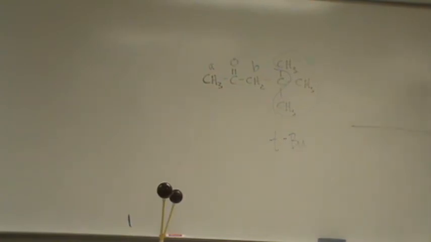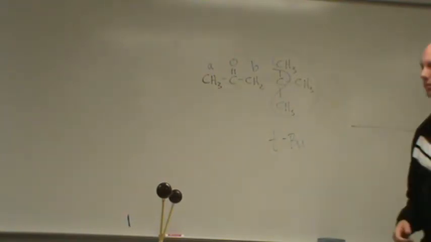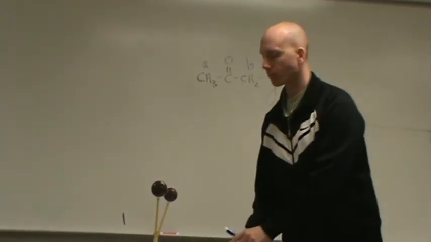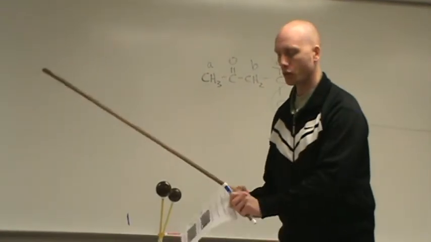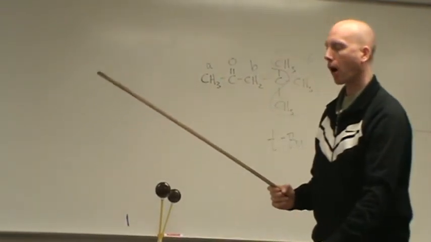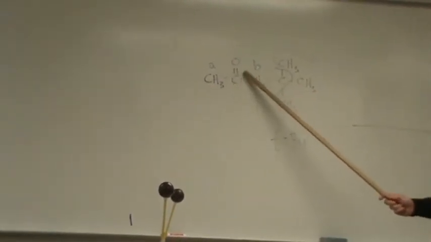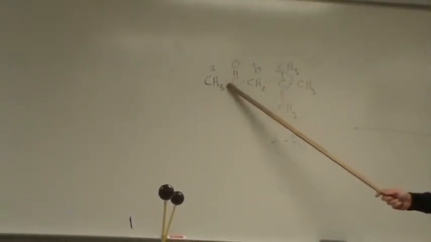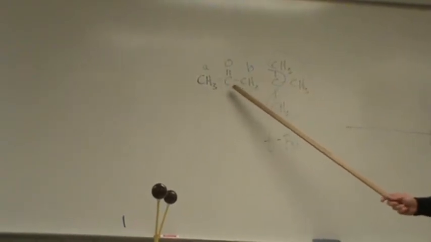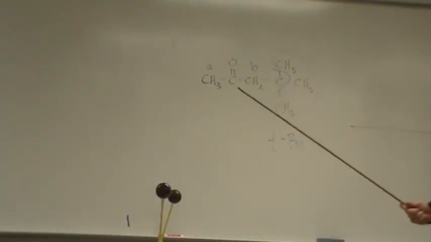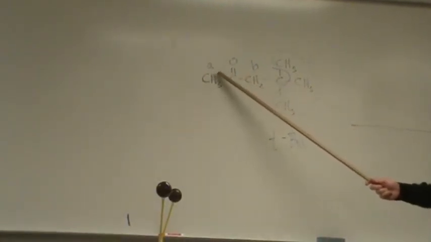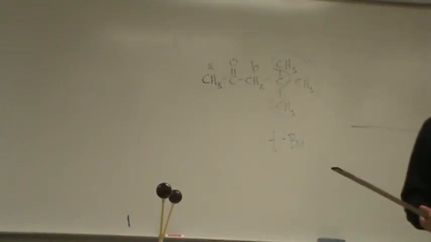Okay? What would be the most downfield peak, do you think? What is the deshielder? No, the C double bond O, the carbonyl. Okay, so this whole thing is the deshielder. Well, what's the closest to it? A and B. Okay, so we got two things equidistant, right?